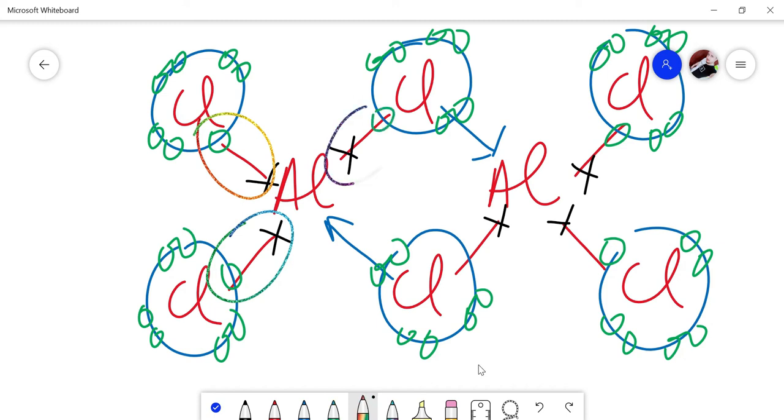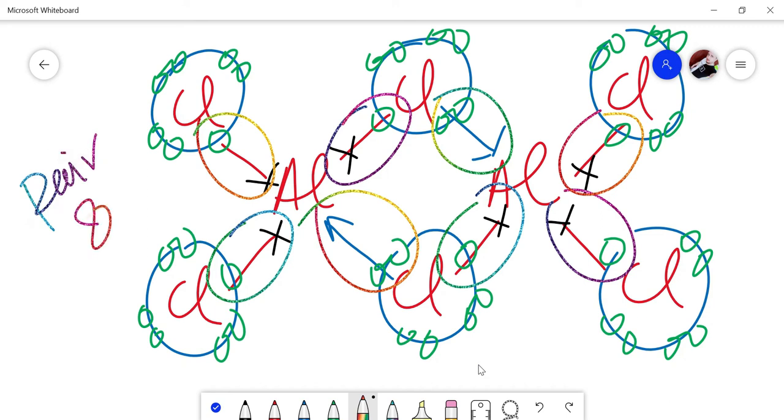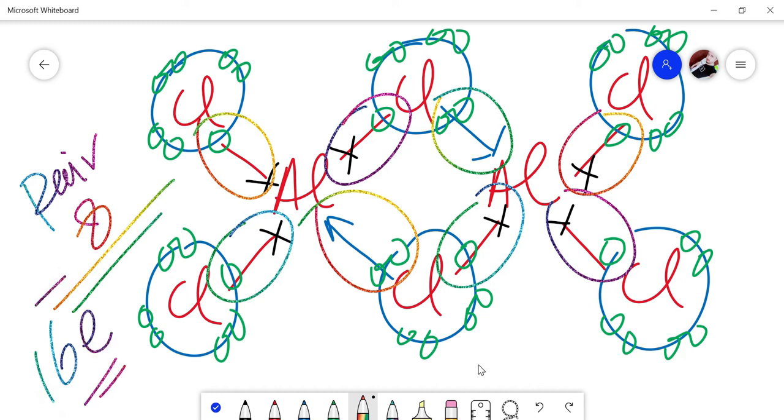Third pair, fourth pair, fifth pair, sixth pair, seventh pair, and eighth pair of electrons are there. So 8 pairs, which means 16 electrons are involved in bonding.